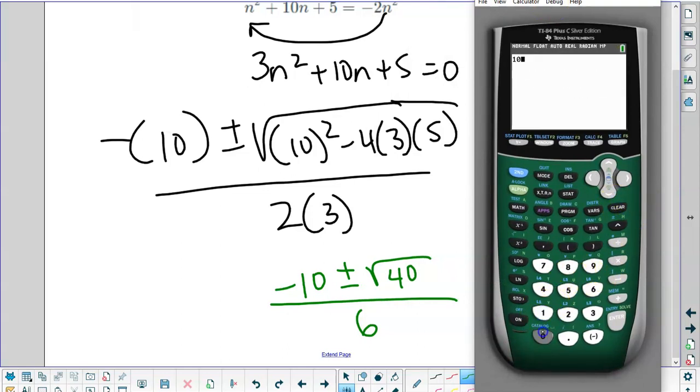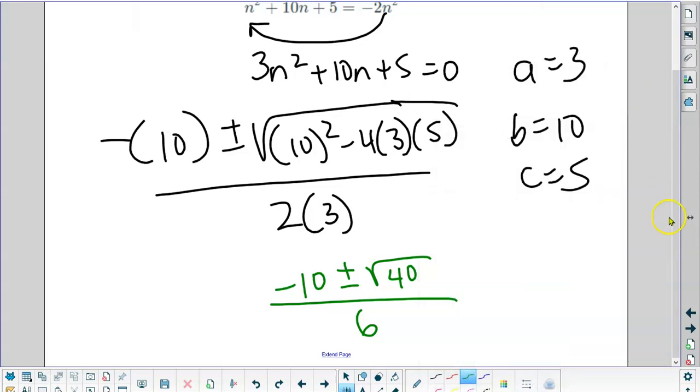We've got 10 squared minus 4 times 3 times 5. It's better to be safe than sorry. Yes, 40 it is. So that's 4 times 10. 4 is a perfect square. 10 is not. So it looks like my answer is going to be negative 10 plus or minus 2 square roots of 10 over 6.